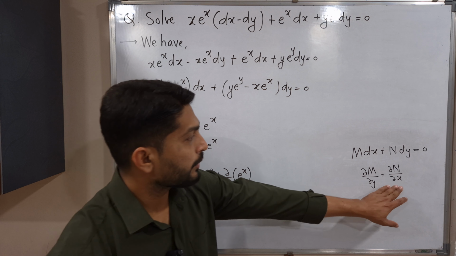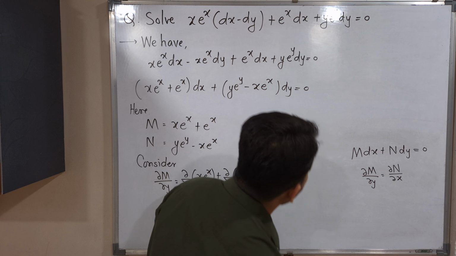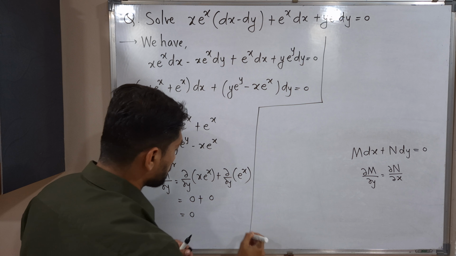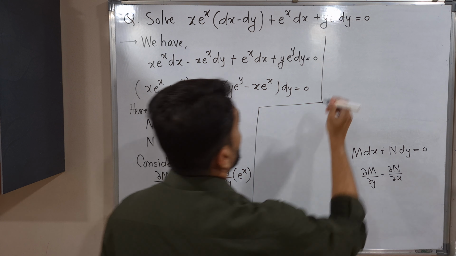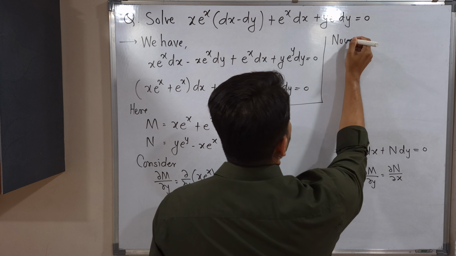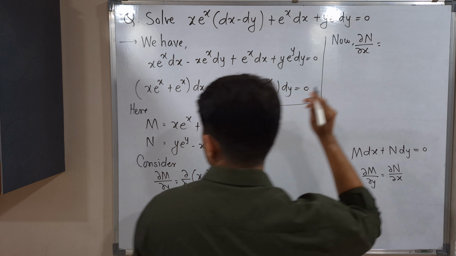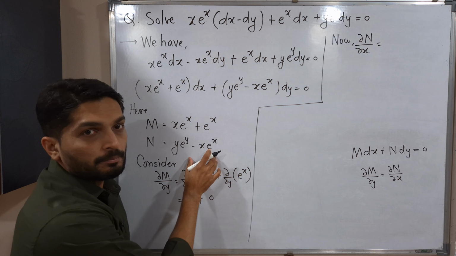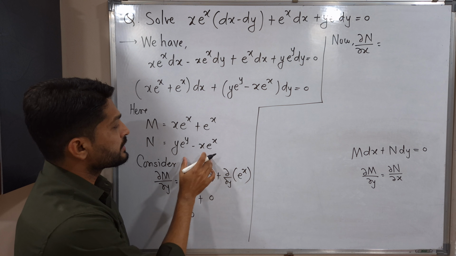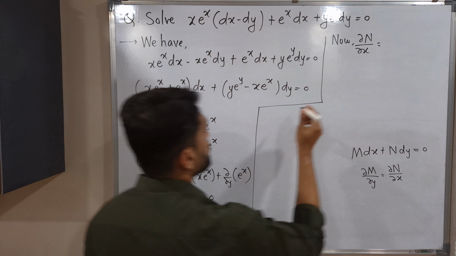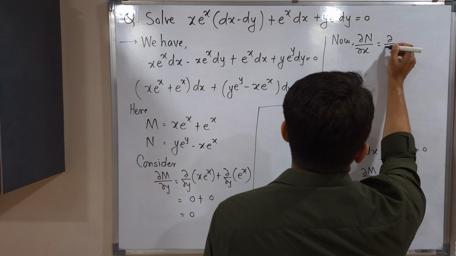Okay, so let us now find del N by del x. So let me do that here. Just a minute. Now del N by del x. Okay, what is my N? This is my N. So I will take the separate derivatives. Since there are two terms which are separated by a minus sign, we can take separate derivatives.